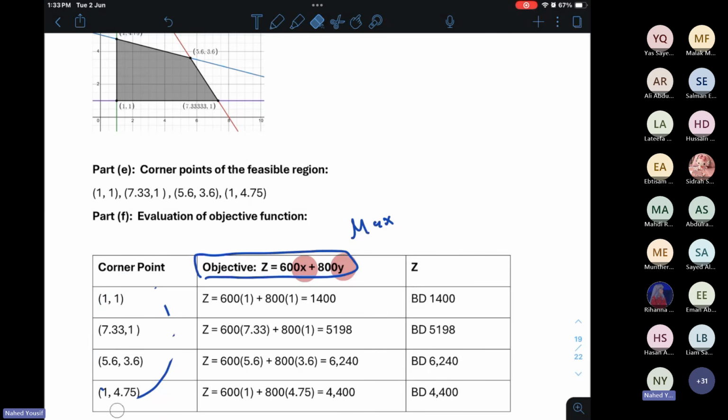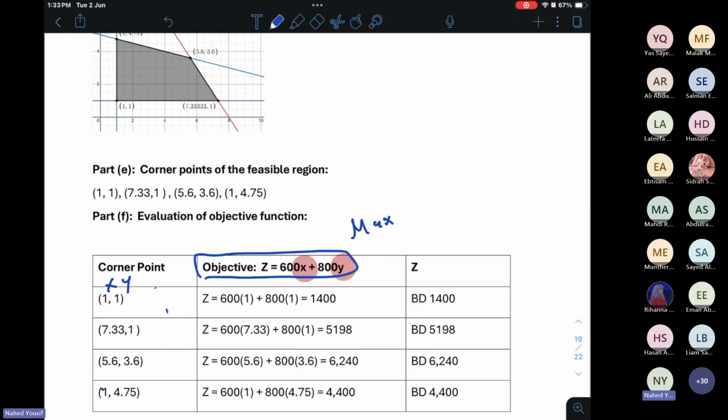Just substitute x and y as shown, and calculate your profit: when they sell one batch of full fat and one batch of low fat, how much profit will they get? After calculating all of them, we have to think: if they want the maximum, we choose the maximum here.